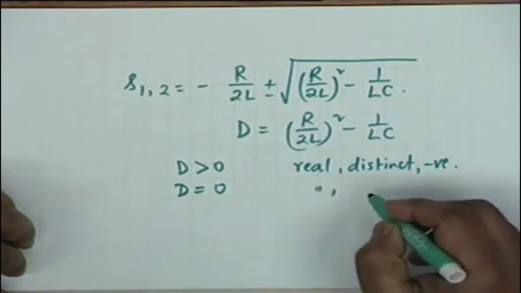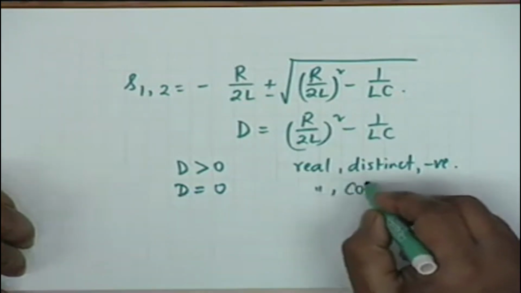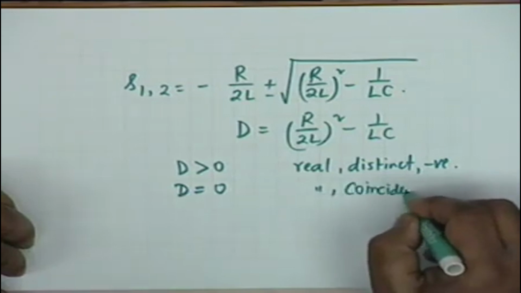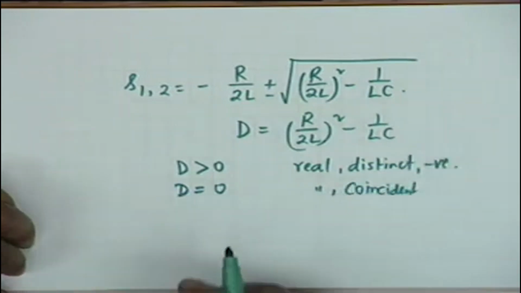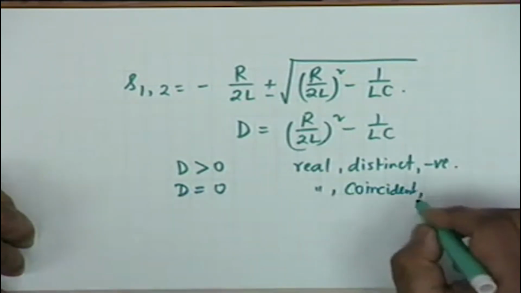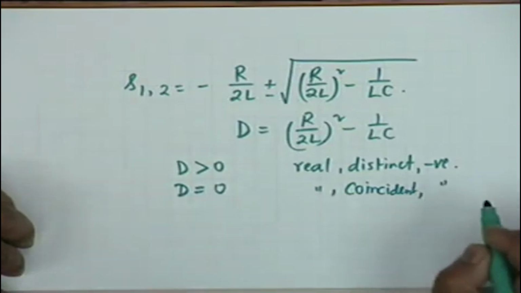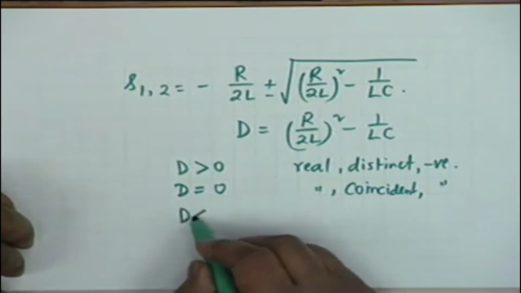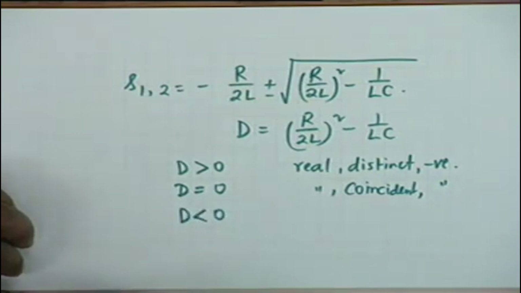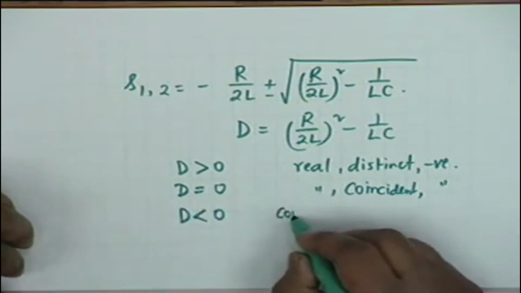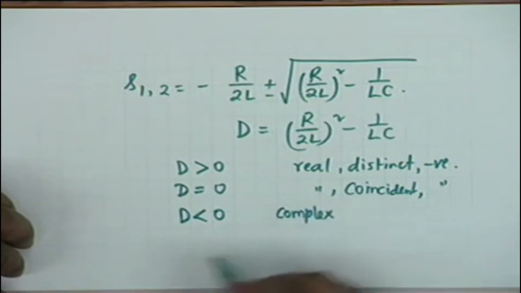They are real, coincident, we don't say equal. They coincide, they coalesce upon each other, and they are still negative. Okay. If d is less than 0, these roots are complex. Why complex?